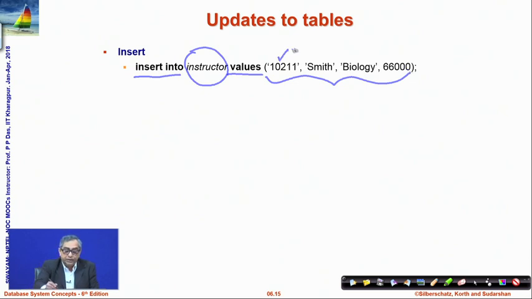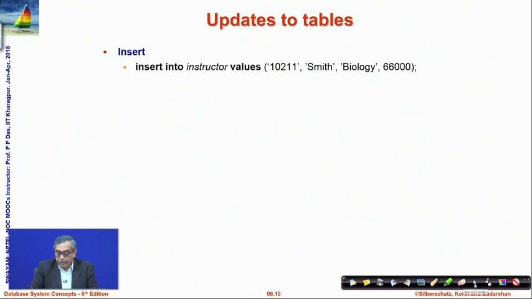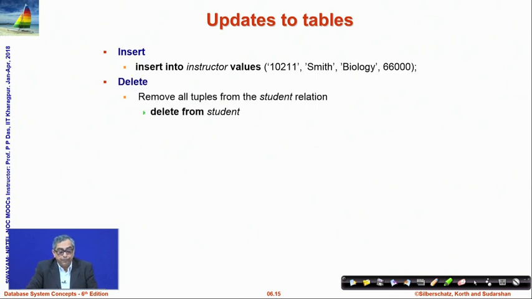Each value, like the ID value, the name value, the department, the salary, should be from the same domain type as specified during the create table command. So, every record will get inserted through one insert command.